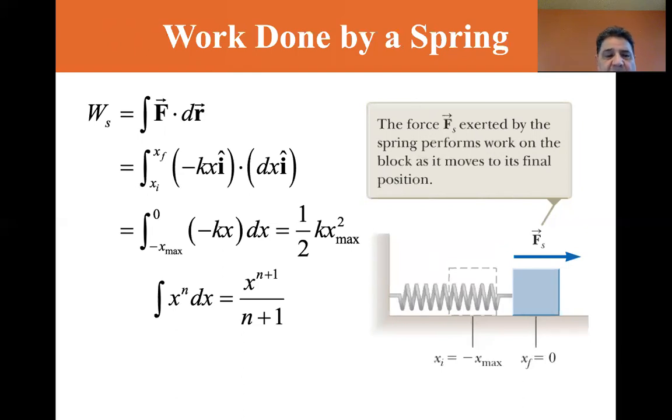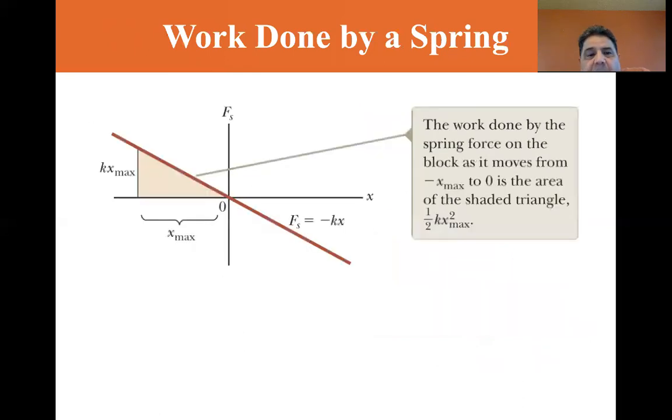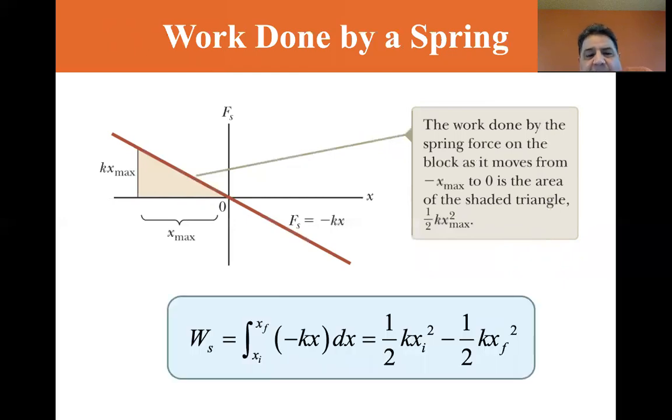So the integral of x to the n dx is x to the n plus 1 divided by n plus 1. Here the integral of x to the 1 dx is x squared over 2. So the work of the spring is equal to 1/2 kx max squared. All right, so the work done by the spring force on the block as it moves from minus x max to 0 is the area of the shaded triangle, 1/2 kx squared max.